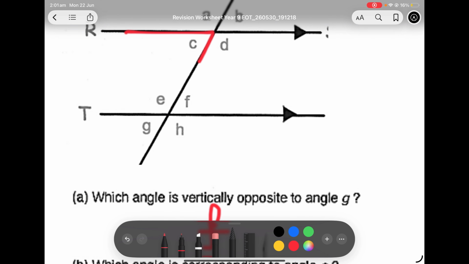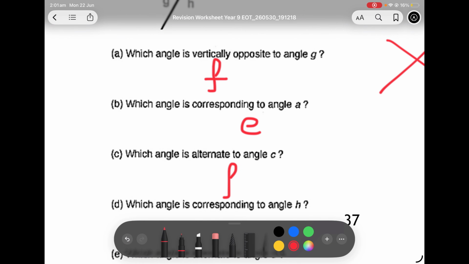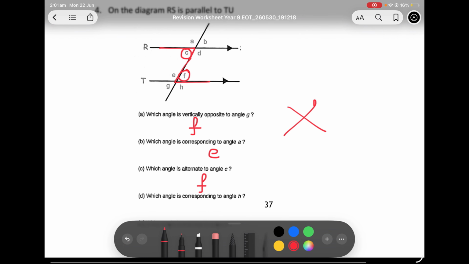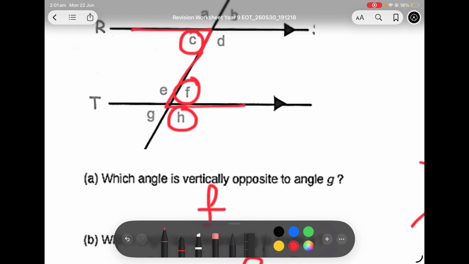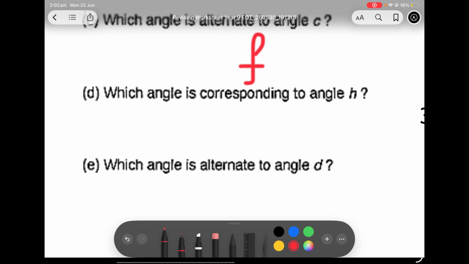That turns out as, if I have C here, then I have an F here. Okay, so I have an F here again. Cool. The next, corresponding to H outside, corresponding would be D inside on the same side.